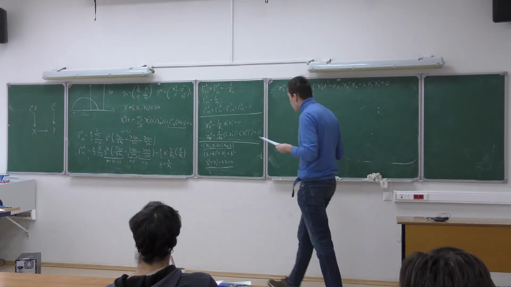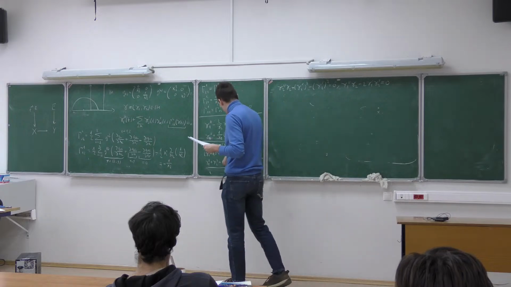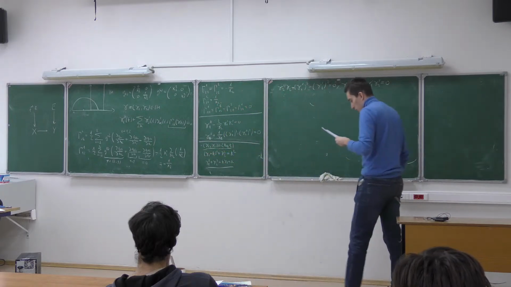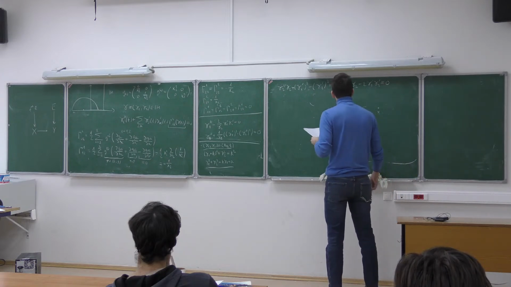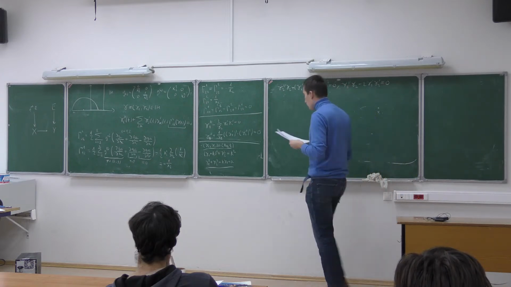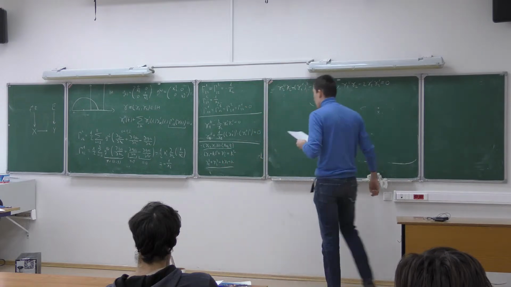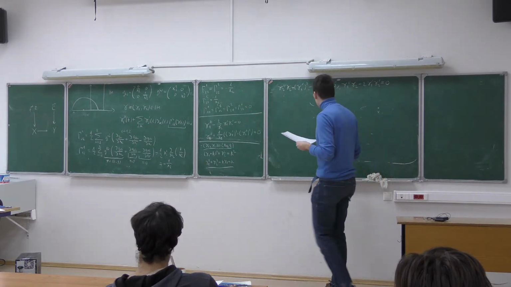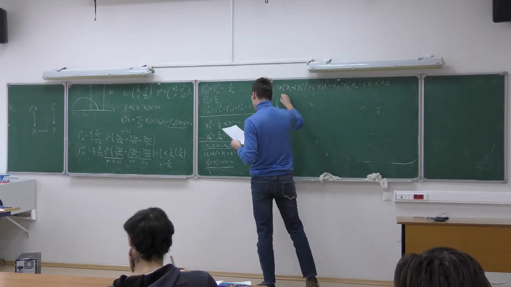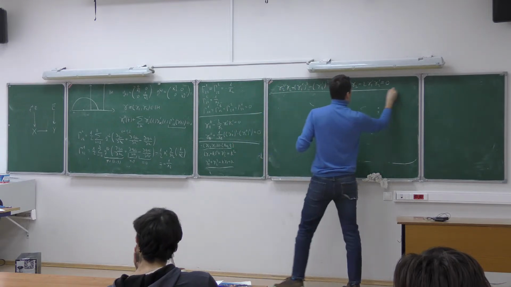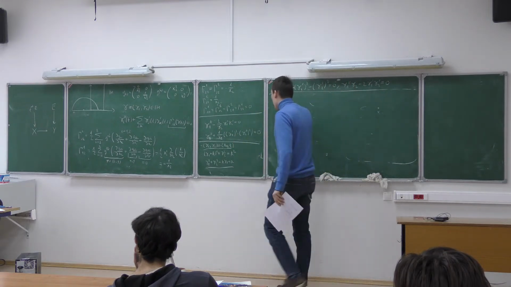Нам надо два раза дифференцировать, чтобы получить две степени свободы. Чтобы получить константу b, давайте я буду от обратного, чтобы было понятно.